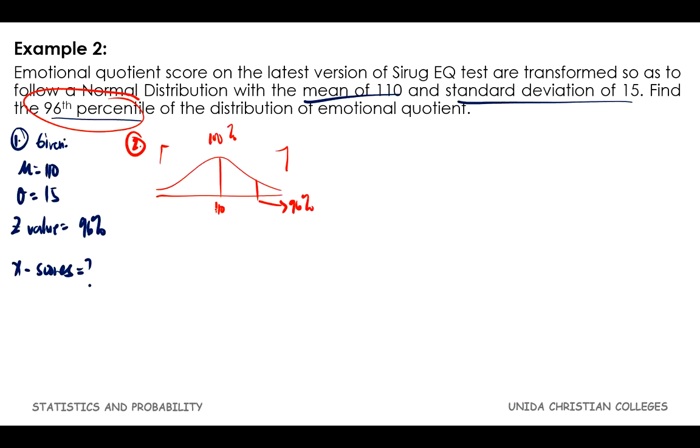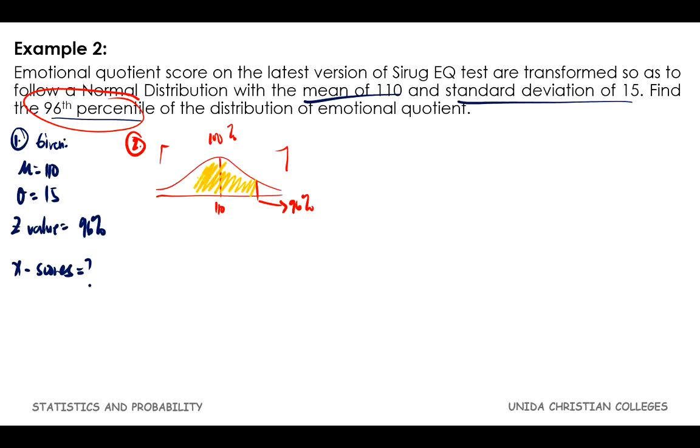So, ang hinahanap natin kung ano yung emotional quotient nung 96 percentile ng respondent. Okay, so ang hinahanap natin is ito, class. Ano yung emotional quotient ng 96 respondent?